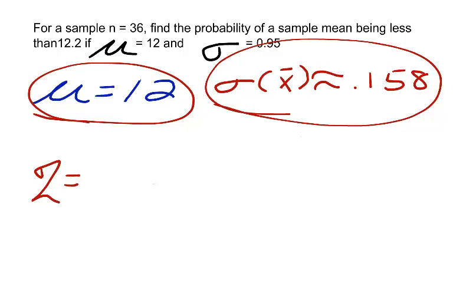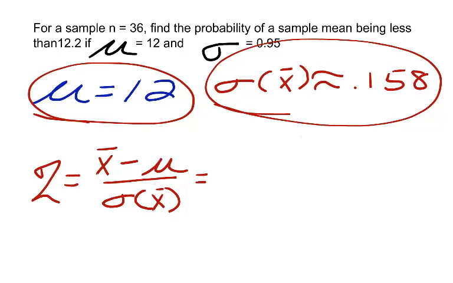So we'll say z is equal to x bar, our sample mean, minus mu, our population mean, divided by the standard error.